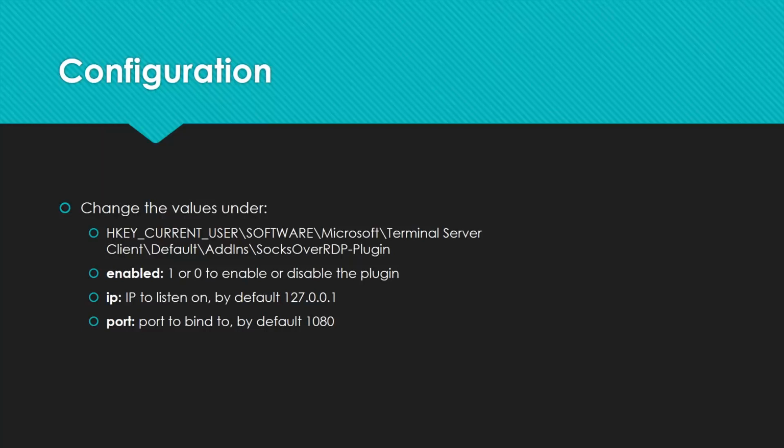You can change it to anything, but if you change it to a different IP, other people might be able to connect to your computer and use the SOCKS proxy over the RDP, but only if the exe is executed on the server and while you have an active RDP connection. And the last bit is the port. The default port is 1080. That's where the SOCKS proxy will listen on your computer. You can change it to anything else that you like.